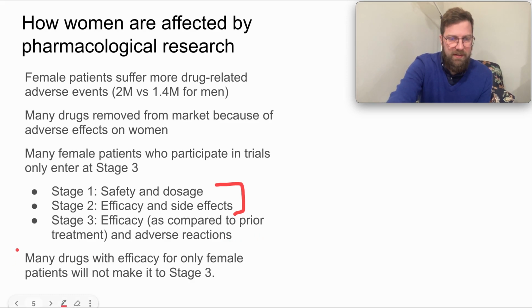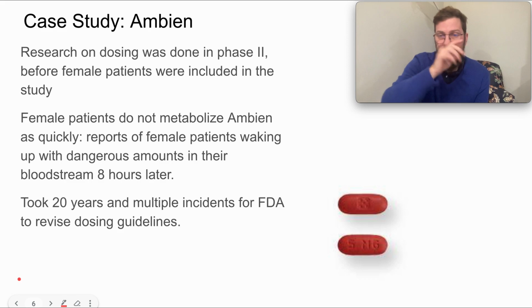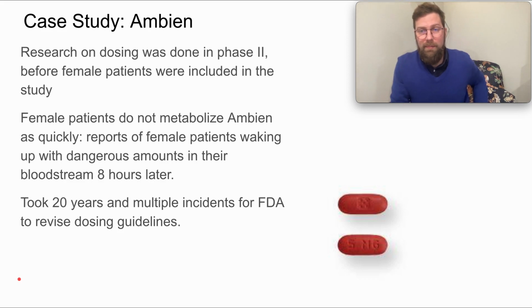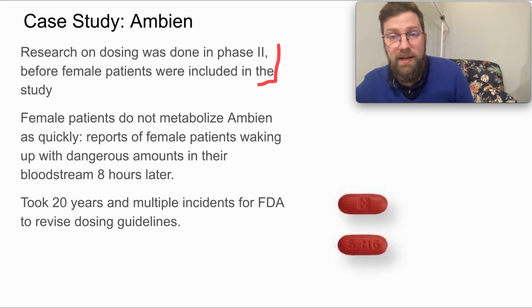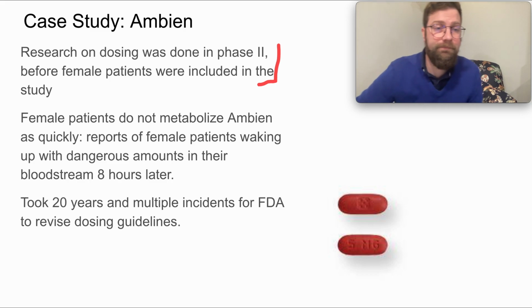Many drugs with efficacy for only female patients just won't make it to stage 3. Here's one case study about how this kind of policy has played out. So we're doing research on dosing at phase 1 and phase 2. This is where women are not yet included in the studies.